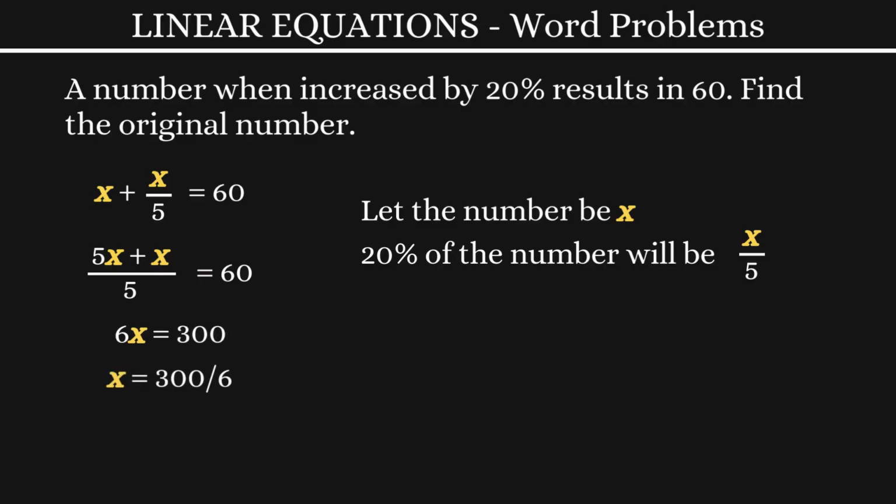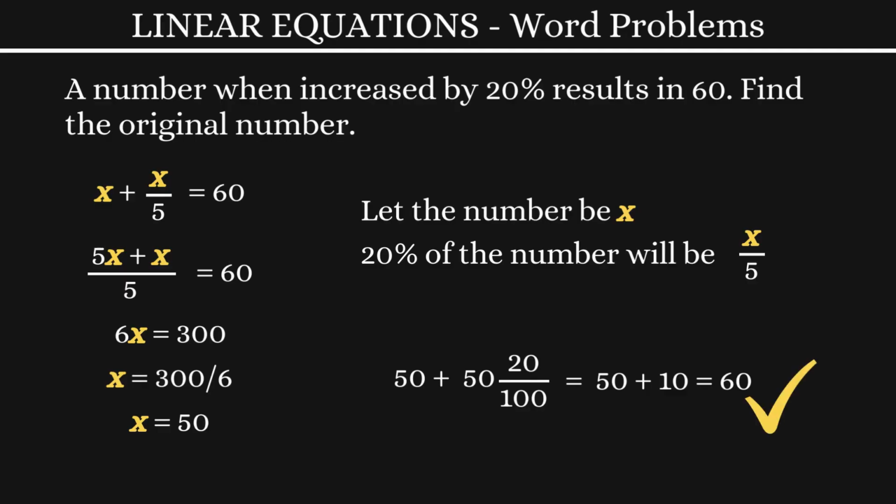So x is equal to 300 divided by 6, which is 50. Now to check the answer, we'll add 50 plus 20% of 50. That gives us 50 plus 10, which is 60. So again, our solution is correct.